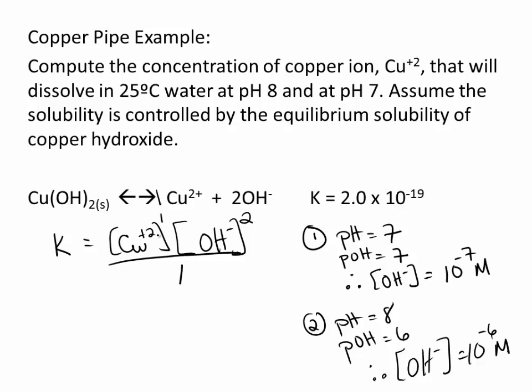So we would solve this chemical equation twice. Once for a hydroxide ion concentration of 10 to the negative 7, and once for the concentration of 10 to the negative 6.